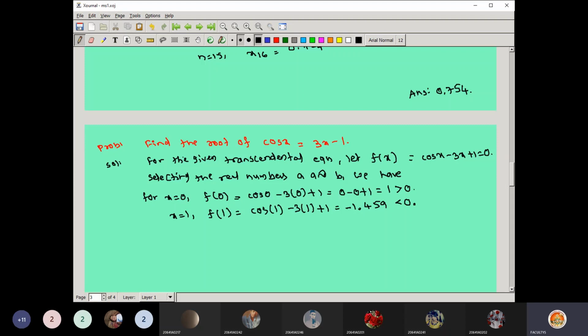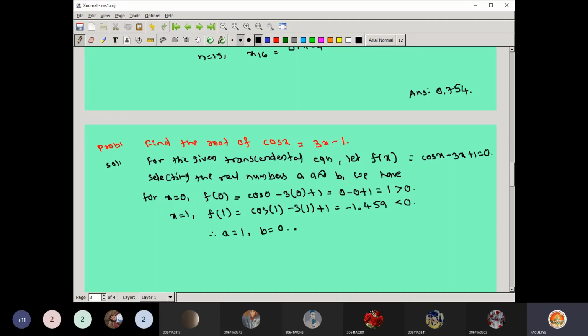Shall I stop the process or continue the process? Are you getting opposite signs? Yes, you are getting opposite signs. So what is your A value? Always remember that A is taken as the value for negative. So negative value A, that x value is 1, and B is always the positive value.